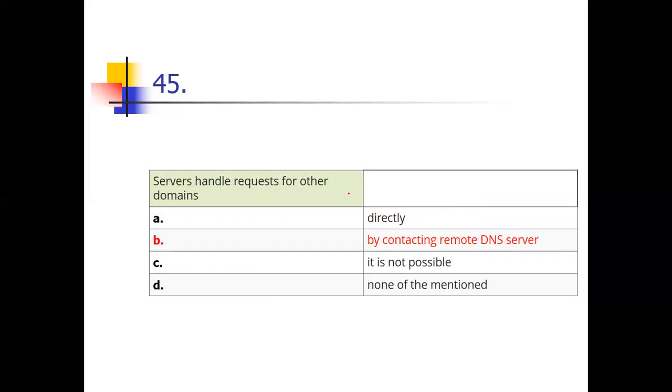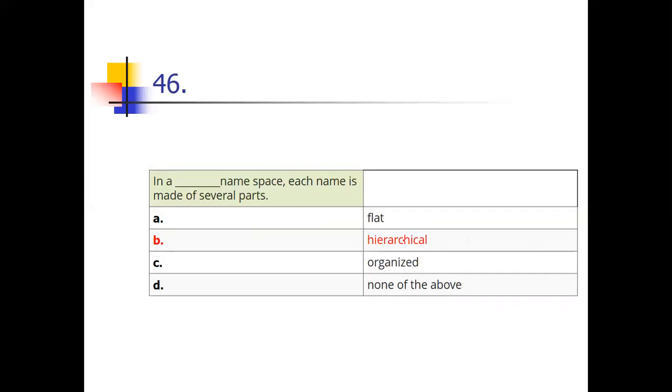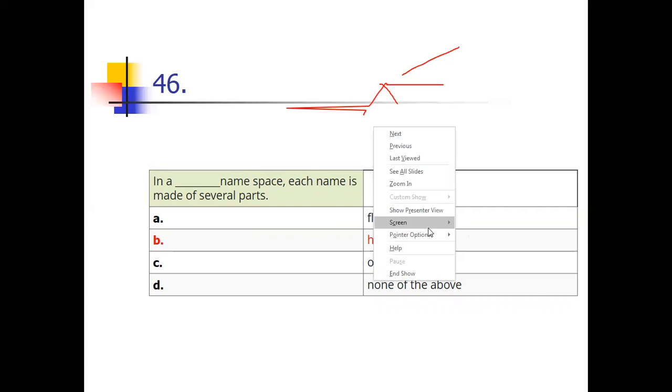A server handles requests for other domains. I have already explained, for other domains it has to contact the server of the other domain. Then only it can handle the queries or requests from other domains, because it has to take the data from the other domain. In the hierarchical namespace, each name is made of several parts. It will be divided into different parts. Okay.